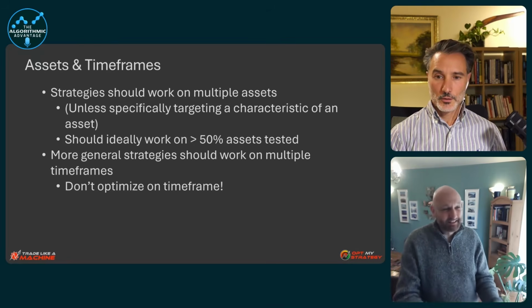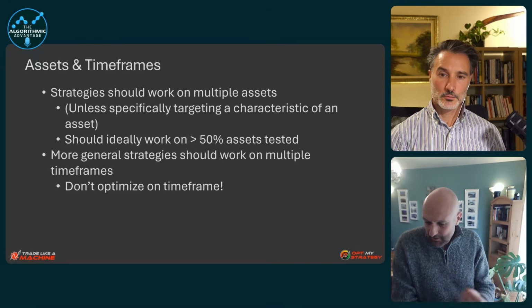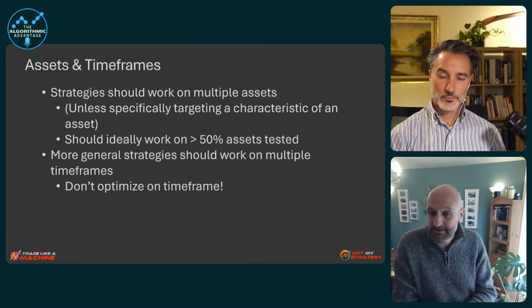Yep. Exactly. And what they come back with is, it was the hourly time frame that was the best, so that's the one I'm going to trade. And the first thing I say is, well, I personally think that's the wrong way to approach this.